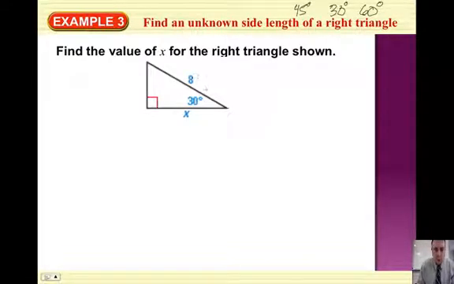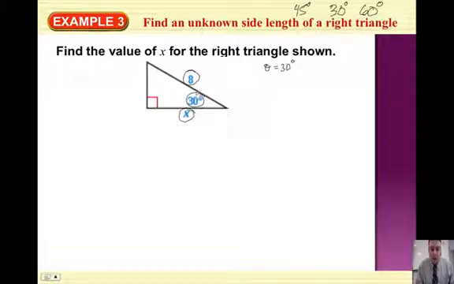Look what they give. They give 30 degrees is here, which means that's your theta. Theta equals 30. They give the 8, which is the hypotenuse. And they give x, which, how does it correspond with the 30? That's how you know if it's opposite or adjacent. That is next to the 30, which means that's the adjacent.